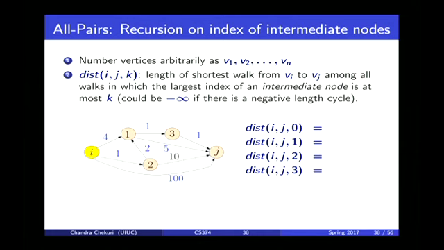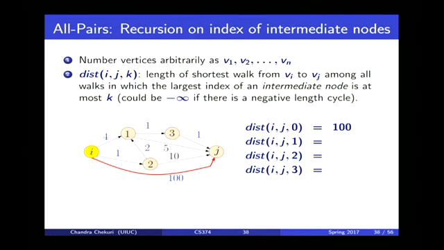Dij1: I'm allowed to use vertex 1 along the way. So Dij1 is 9. What is Dij2?